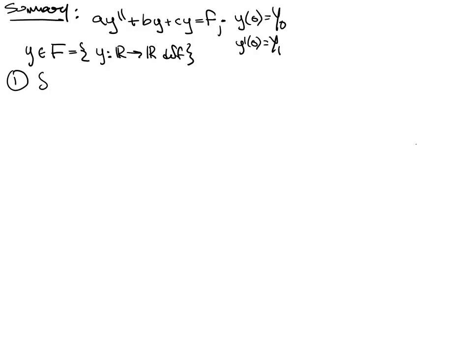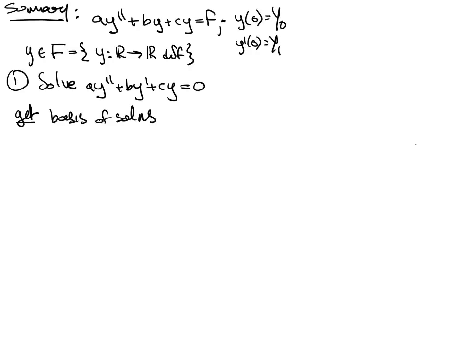The first step was to solve the homogeneous part, which is just what you get if you throw away the right hand side. So ay double prime plus by prime plus cy equals 0. And when you solve this, you get a basis of solutions, a two-dimensional subspace of solutions that we called y1 and y2.